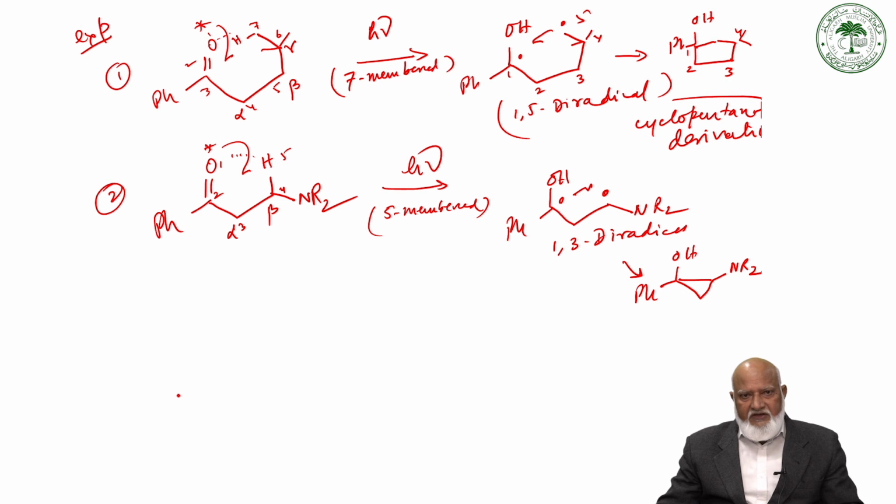Even abstraction by the excited carbonyl from the beta carbon has also been reported, through the formation of a 5-membered ring to generate a 1,3 diradical, leading to a cyclopropanol derivative.